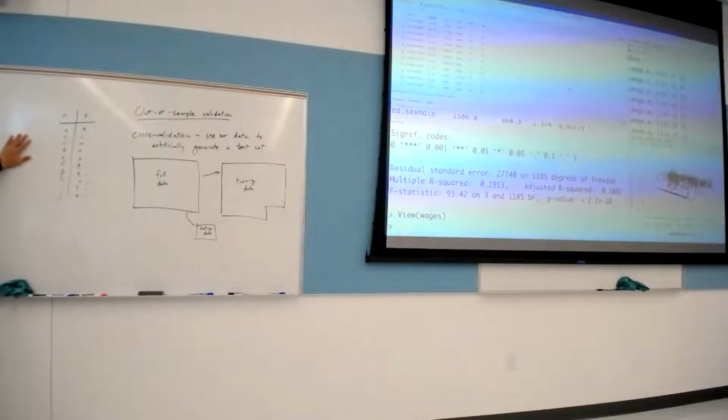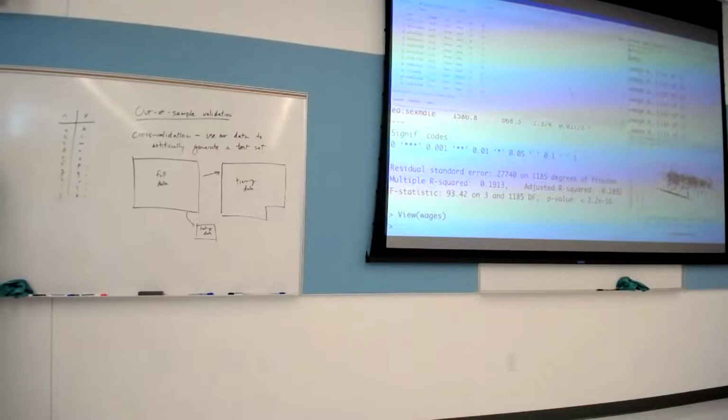Okay, and so the idea here is that I've randomly assigned my data, and I will run a regression against this data, but I'm going to leave one of these groups out. So let's take all the reds out, set them aside. These guys are going to be my testing data, and I'm going to run the model on all the rest of it.